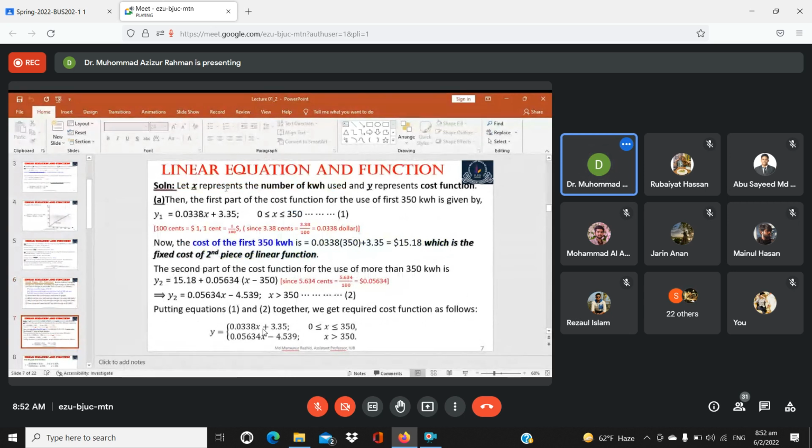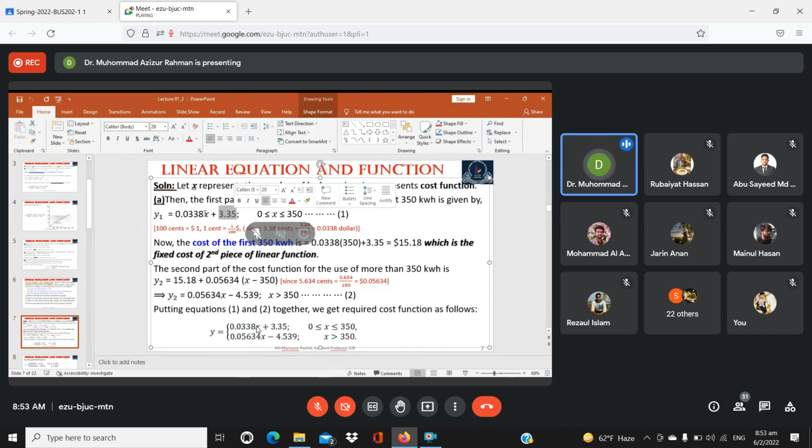Similar problem. So let's assume that X represents the number of kilowatt hours and Y represents the cost function. The first part of the cost function should be for the use of up to 350 kilowatt hours. We can easily write down that this is the fixed monthly charge plus the per kilowatt hour charge multiplied by X, the number of kilowatt hours.